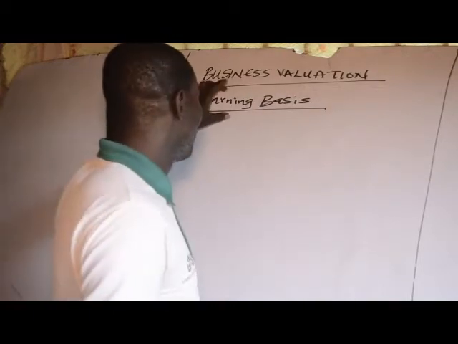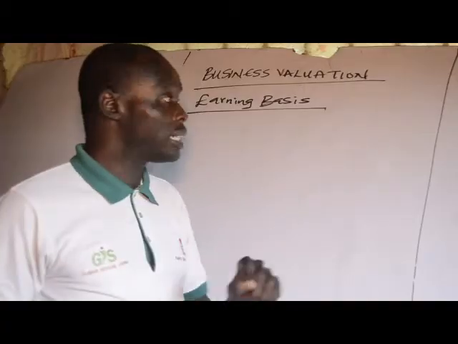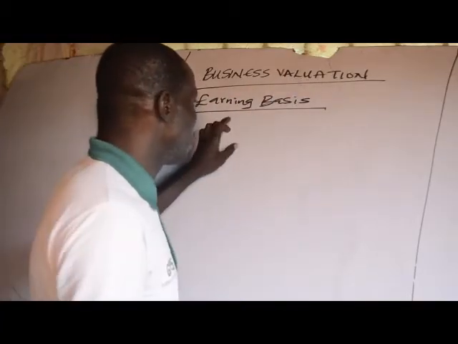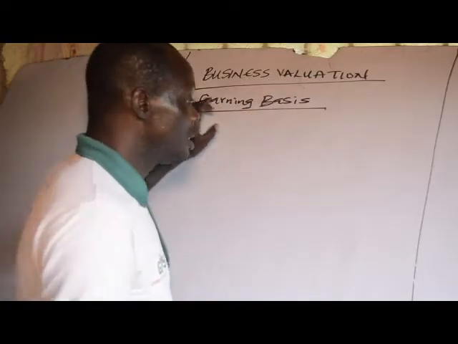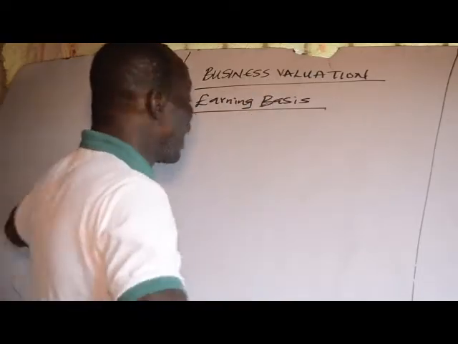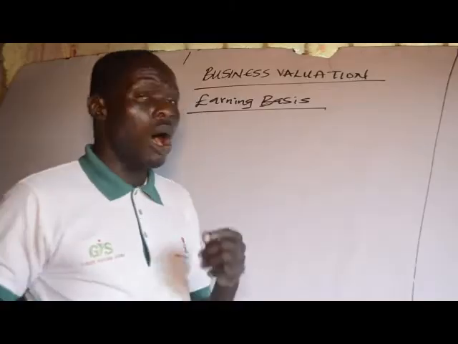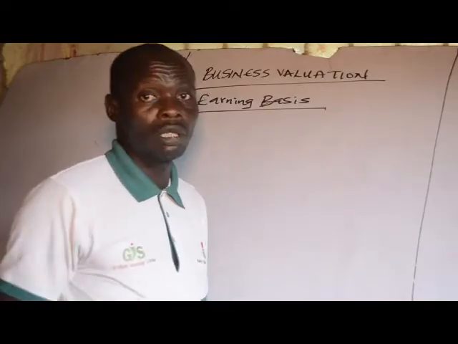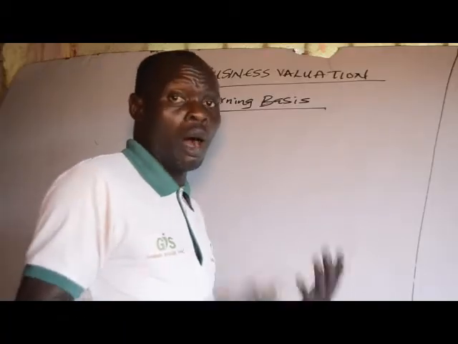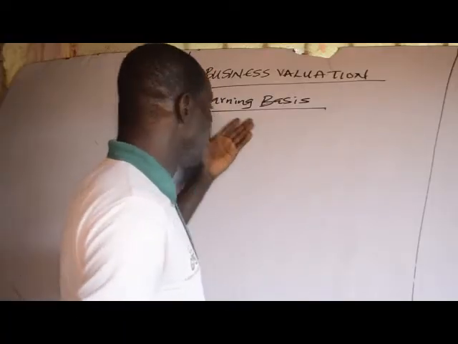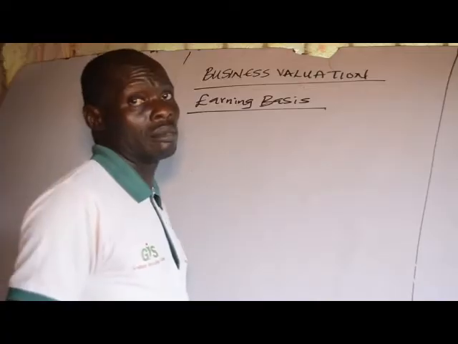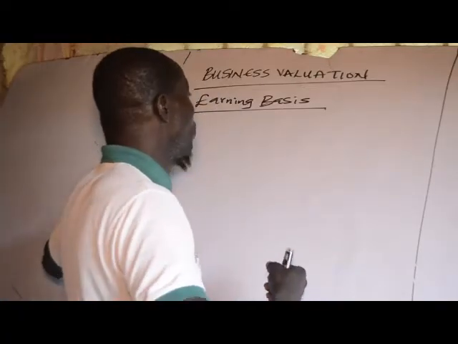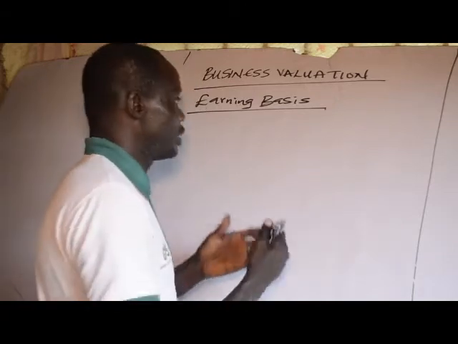So to estimate the value of the business, the method you should use is the earning basis method. This method is used when investors want to buy shareholdings or when two or more companies want to merge. When you want to merge 2 or more companies, you can as well use the earning basis, or when the investor wants to buy large shares.